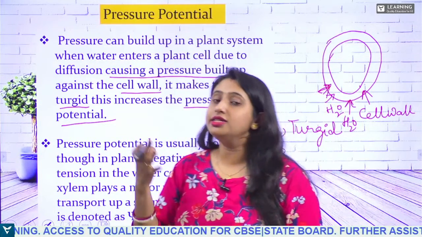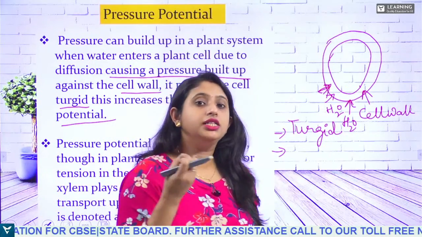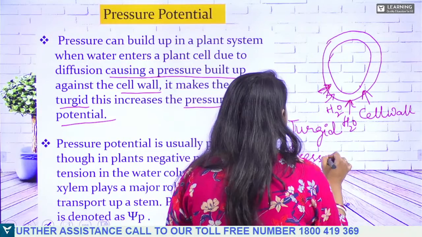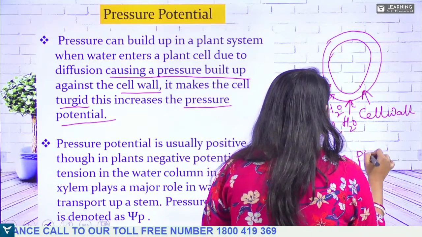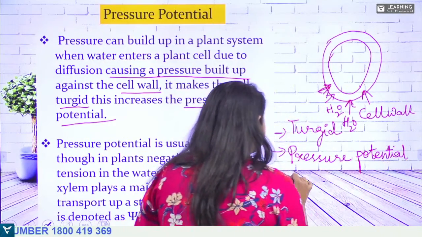When water gets inside the cell, the pressure potential increases and the cell becomes turgid, right?